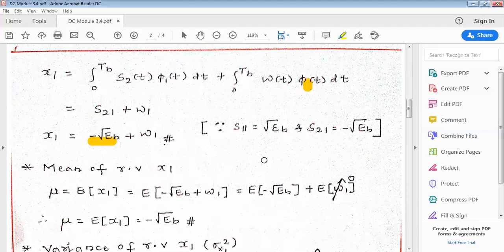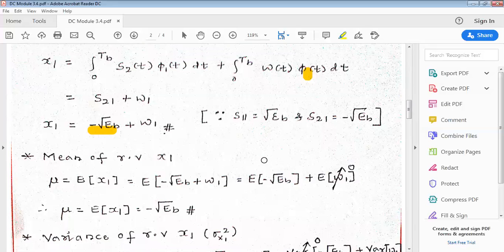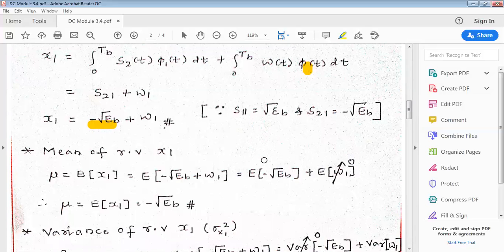Next, we have to calculate some statistical parameters such as the mean as well as the variance for the output of the correlator, x1. So the mean of the random variable x1, given by mu, is simply the expected or ensemble value of x1. And what is this x1? x1 is equal to minus square root of Eb plus w1. So I will write here the expectation of minus square root of Eb plus w1, which is the expectation of minus square root of Eb plus the expectation of w1.